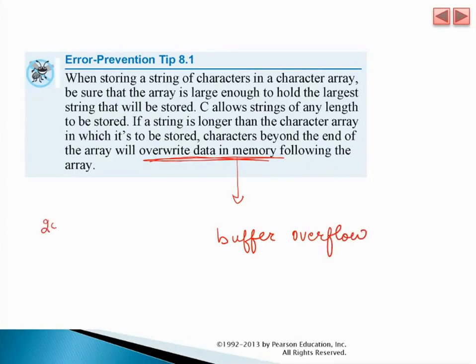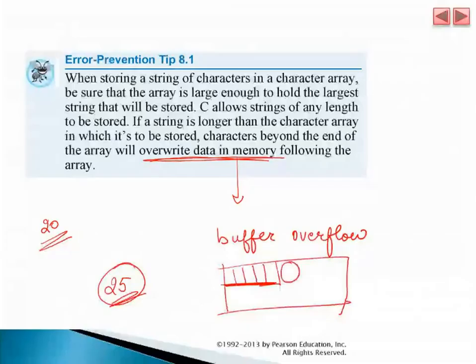If you declare an array of size 20 and you are inserting, say, 25 characters, then what happens? It will actually overwrite the things which are, so suppose in the memory you get space only till here, and this space is actually reserved for somebody else.